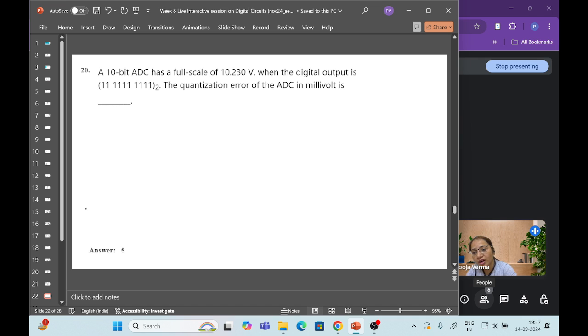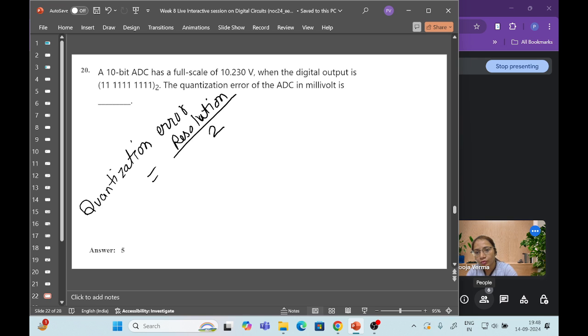In order to find the quantization error, the formula is error equals resolution by 2. And resolution, how can we find it?